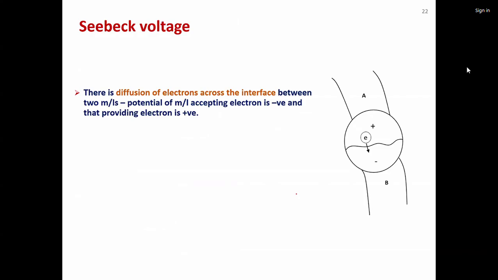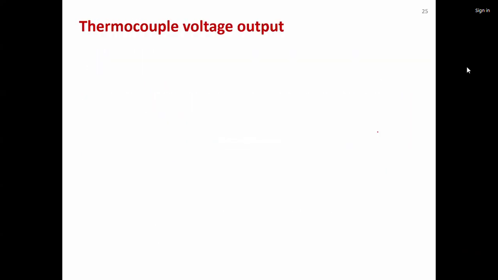That means, we talked about what is positive and negative here, right? So if this is copper, constantan is below copper. So that means copper will basically give away electrons and constantan will receive electrons, negative with respect to copper. Okay. So this is what it is.